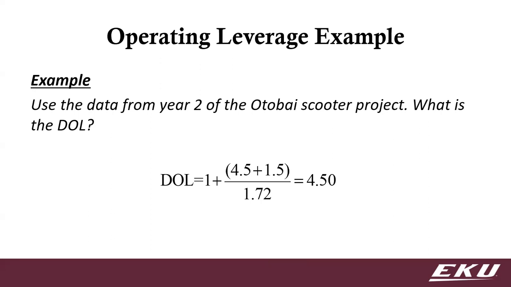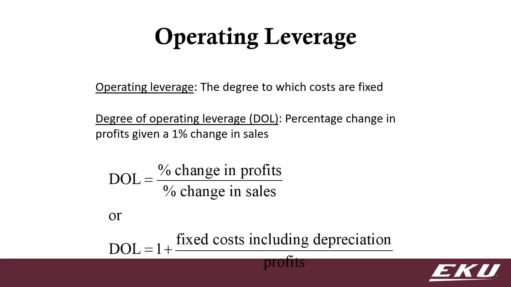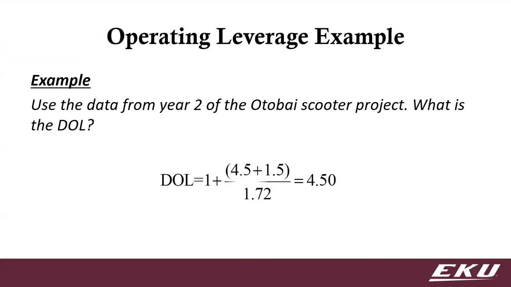So if our sales go up 1%, our profits will go up 4.5%, right? Percent change in profits over the percent change in sales, right? So that's what you're seeing there.